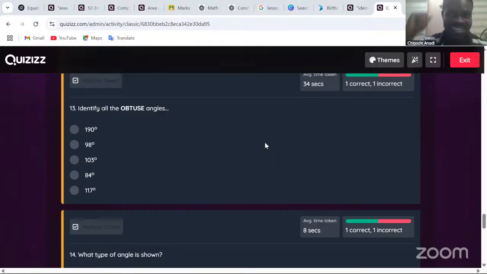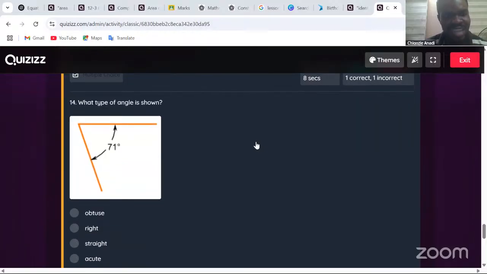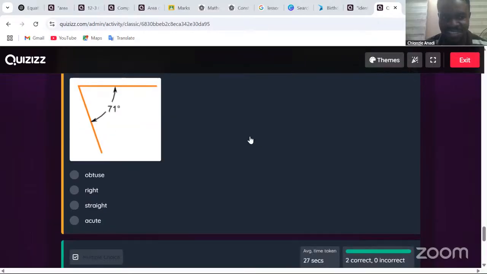That is all. So look at question 14. It says, what type of angle is shown here? What type of angle is this? Let's go, Chimamanda.